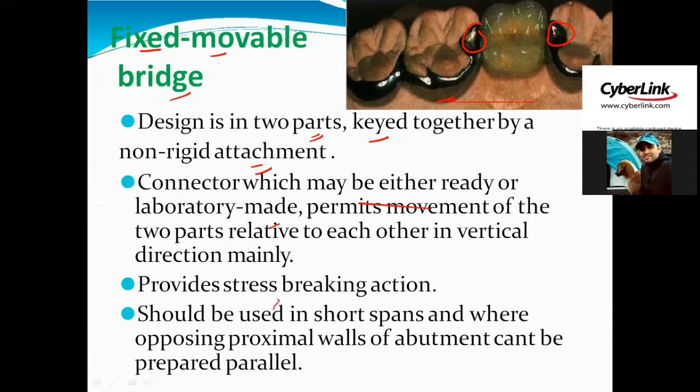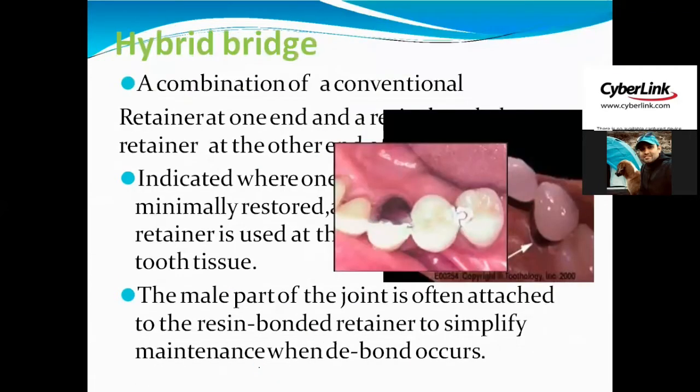Right. So it provides stress breaking, because there is a movable part, so it will act as a stress breaker. It should be used in short spans and where opposing proximal walls of abutments can't be prepared parallel. So there are some conditions, right?